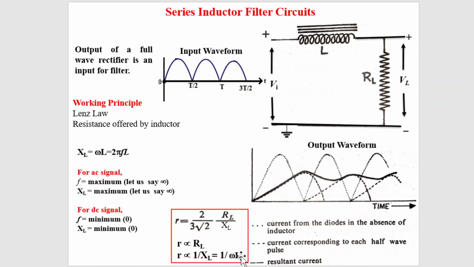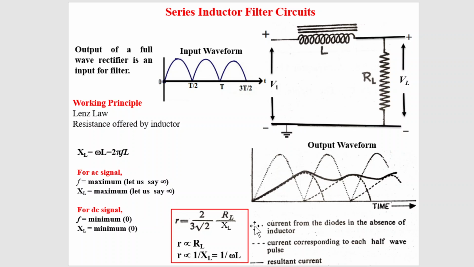Okay. So what does it mean? It means that we want minimum ripple factor. We want minimum variation. In order to get minimum variation in the output, in order to get minimum ripple factor in the output, the value of load resistance should be minimum.